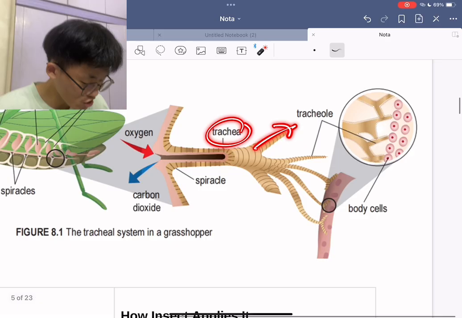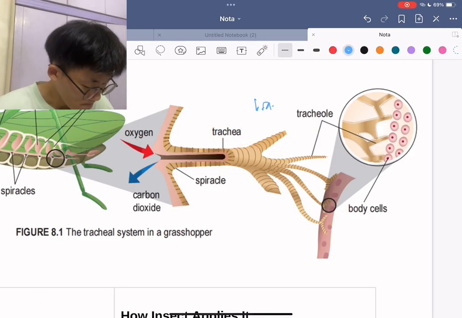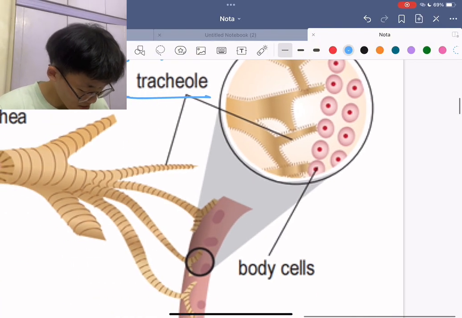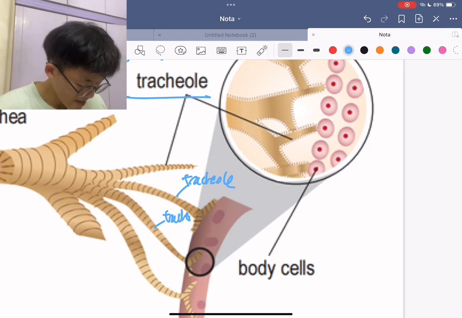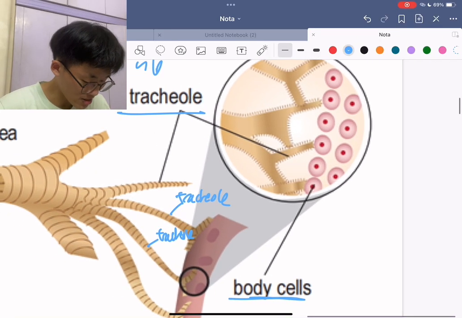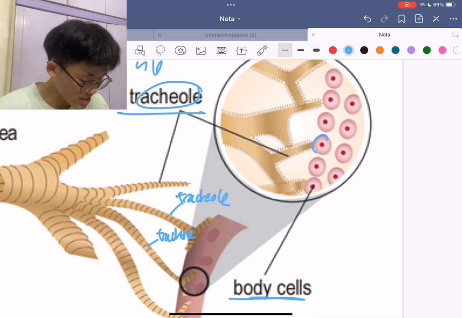And then the trachea branches into tracheoles. You can see this is a tracheole, this is a tracheole, this is also a tracheole. The tracheoles are attached to the body cells.